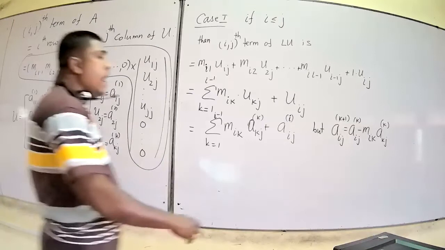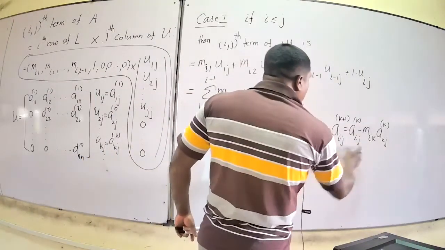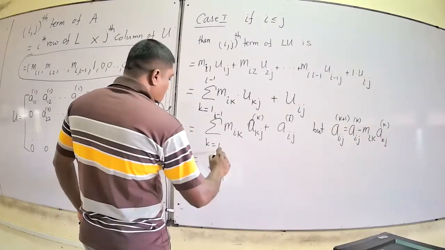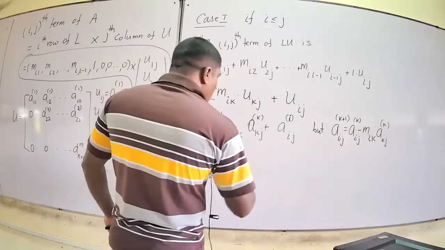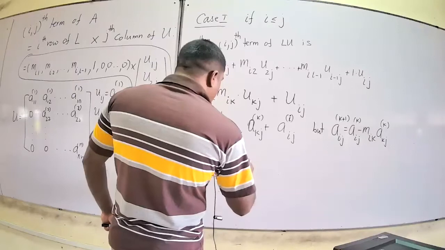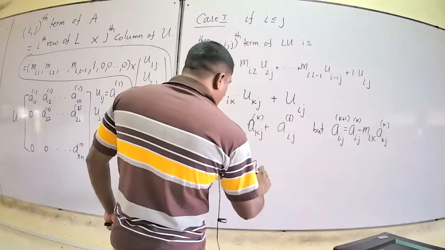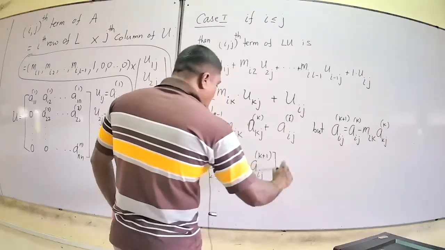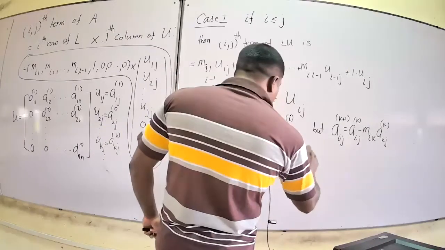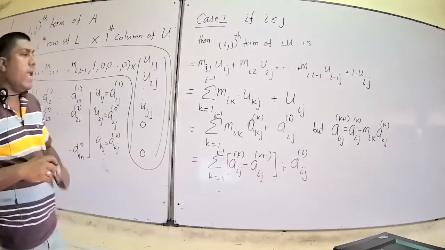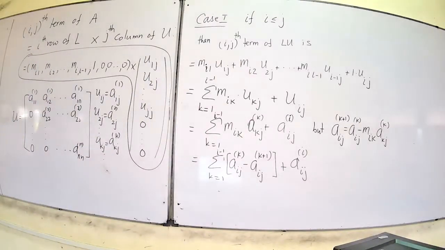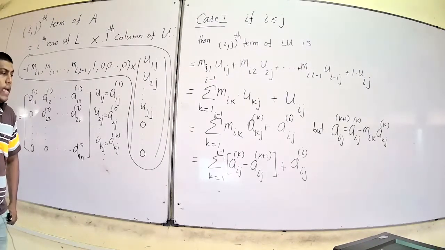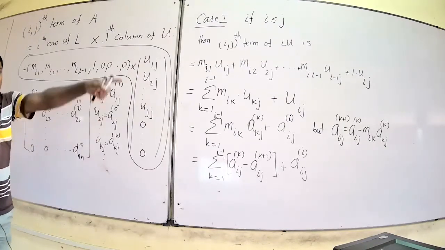So mik times kj is equal to this. Because mik times akjk is equal to aijk minus aij(k+1), according to that formula.